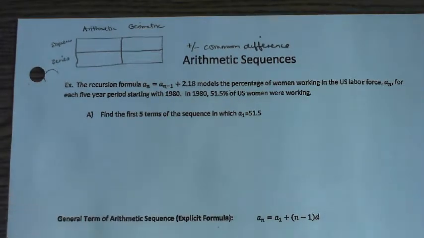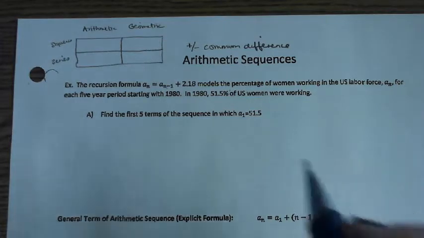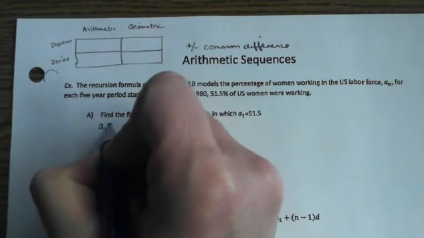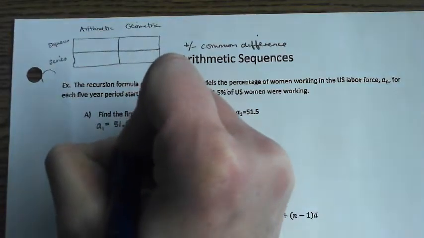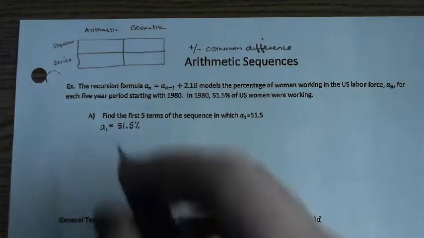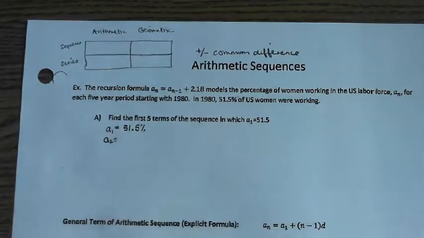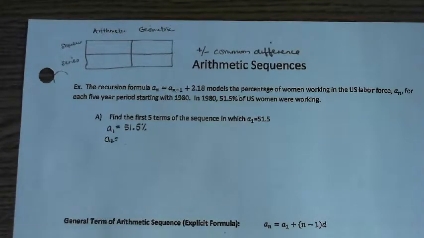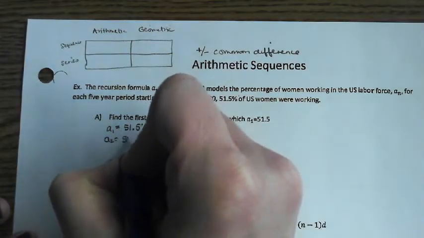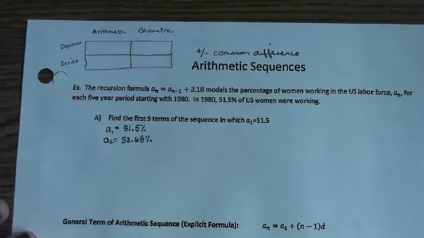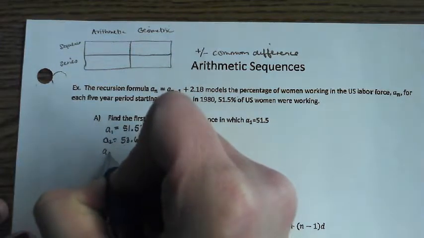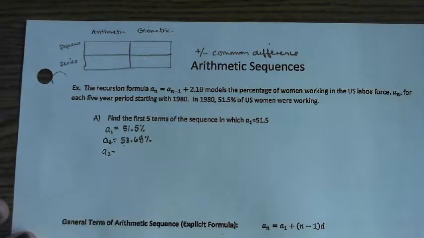So your first term is 51.5%. Your second term, we're just going to add 2.18 to that. So it would be 53.68%. And your third term, add 2.18, and so on and so forth.